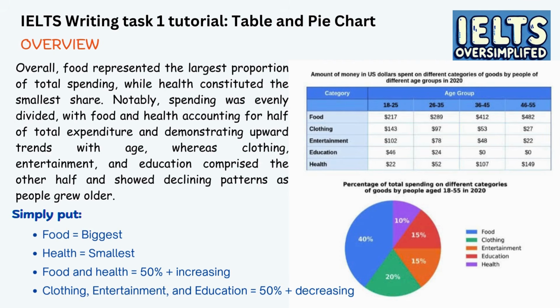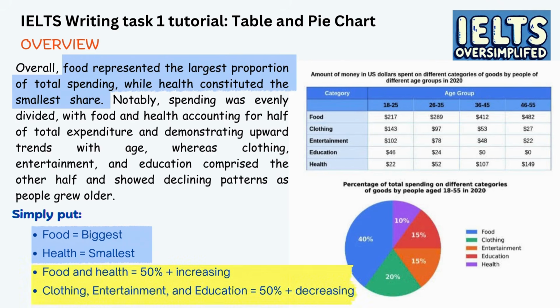This overview is excellent because it identifies the biggest and smallest categories. Food represented the largest proportion of total spending, while health constituted the smallest share. It notes the 50-50 split.